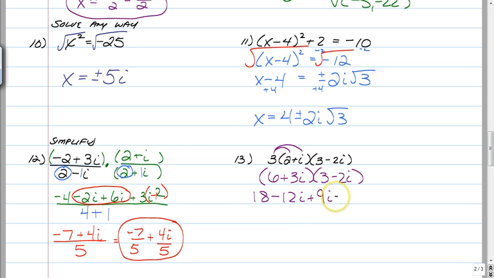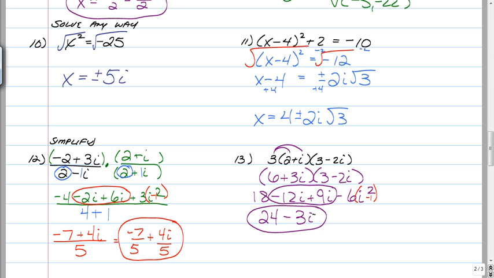And 3i times a negative 2i is a negative 6i squared. Again, do not forget that i squared is actually a negative 1. So a negative 6 times a negative 1 is going to change that to a plus 6. So 18 plus 6 is 24. A negative 12i and a 9i is going to combine to a negative 3i, and you are done.